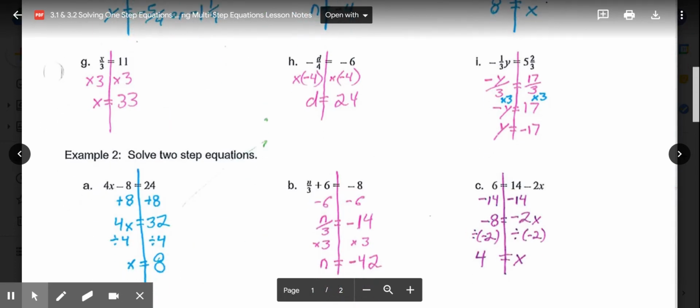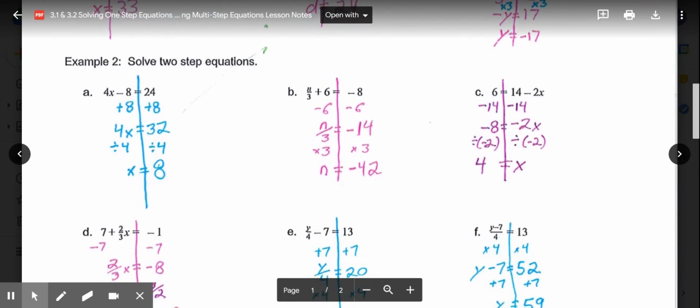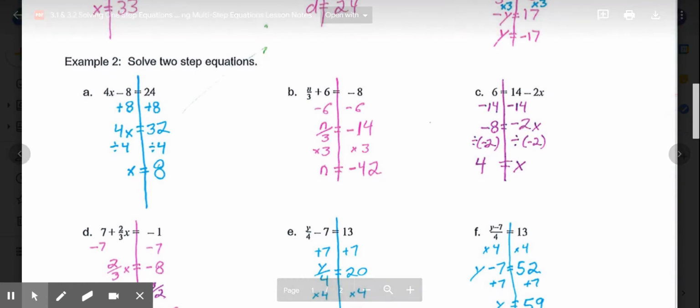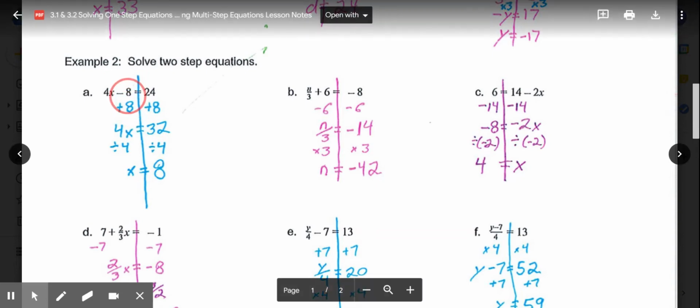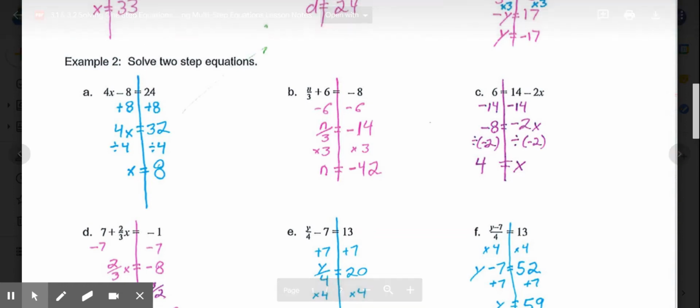Remember, whatever you do on one side of the equal, you must do on the other. So I'm going to add 8 to both sides of the equals to cancel out this minus 8 and the positive 8. On the left, I'm just left with 4x. On the right, 8 plus 24 is 32.